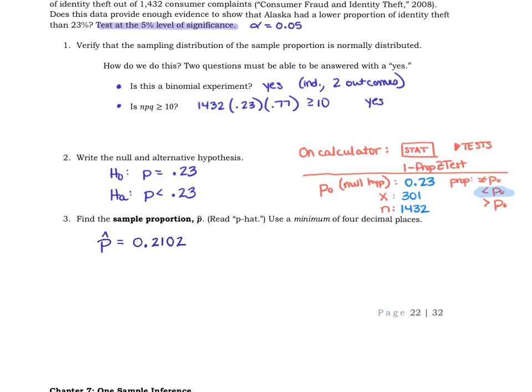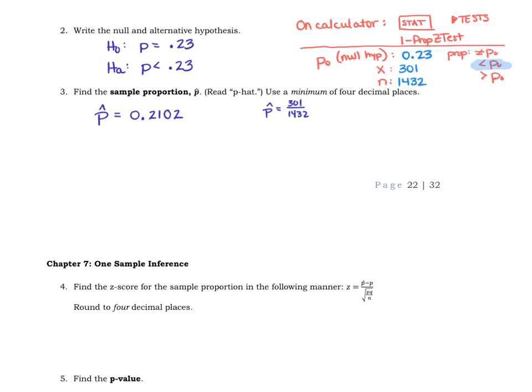Just for the record book, how you find p-hat, your sample proportion: they're actually taking that 301 and dividing by 1432, and that's how they come up with that number, 0.2102. But again, your calculator gives it to you. You don't even have to type that out on your screen. You just copy the number. So there's our sample proportion, p-hat.